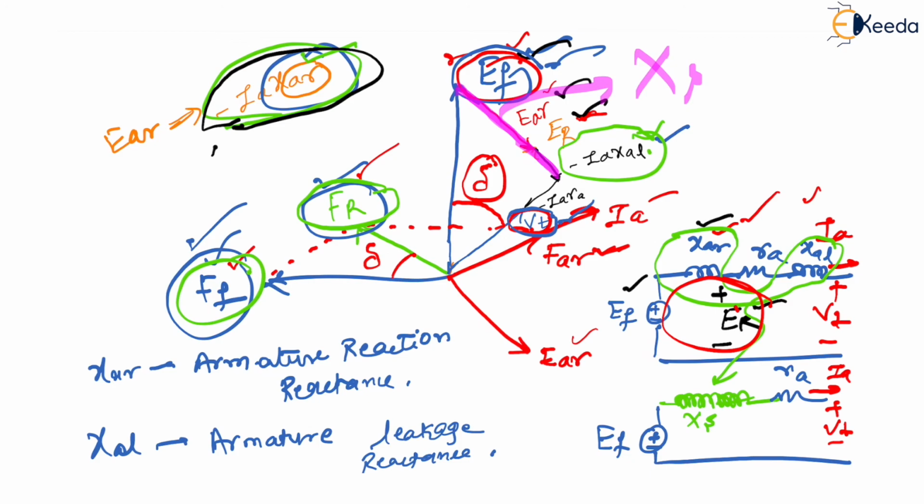See dear. This is plus delta, correct? If you think of minus delta, what will happen then? This Fr will come ahead of FF, and we know that whenever Fr is ahead of FF, it is a synchronous motor.